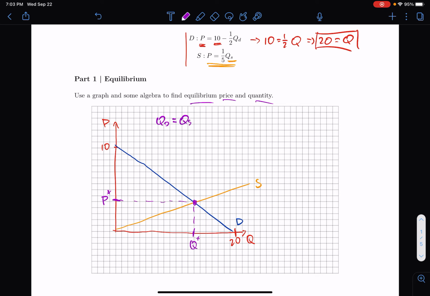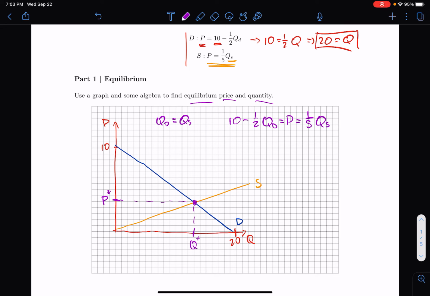And because we don't have subscripts on the P, because price is going to be the same for buyers and sellers in this market, there's no tax, then we can just go ahead and solve this algebraically. So we'll set up 10 minus 1/2 QD is equal to price. And it's just a rearrangement of the demand curve, which is also equal to the supply curve, which is 1/5 QS.